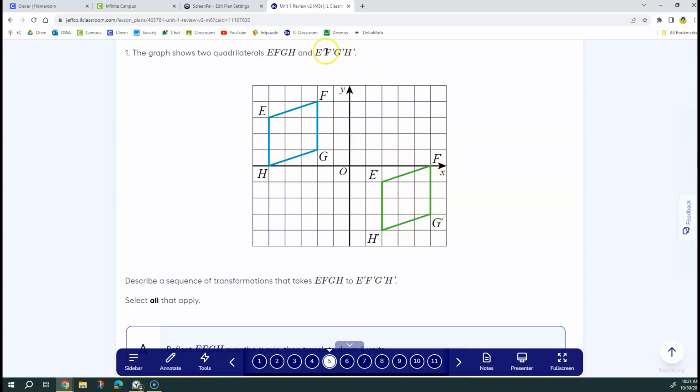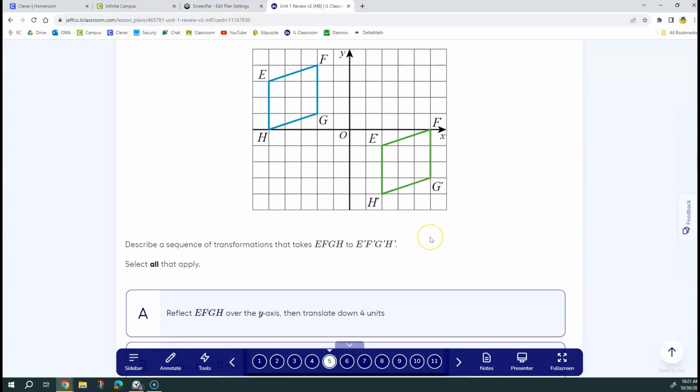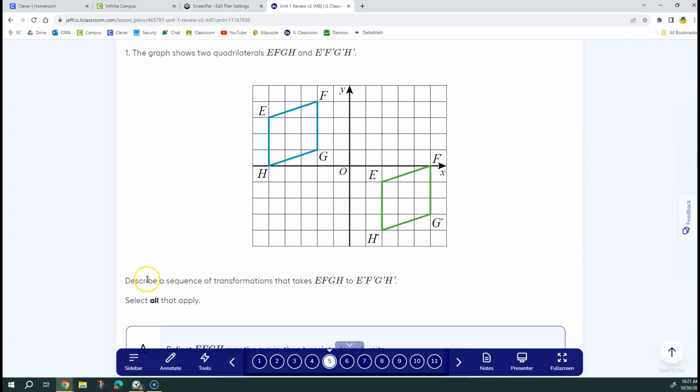And we know this because of the little prime marks after each letter, after each point indicator. It says, describe a sequence of transformations that takes EFGH to E prime, F prime, G prime, H prime. So looking at this, how did the blue shape, the original, move and land right here?